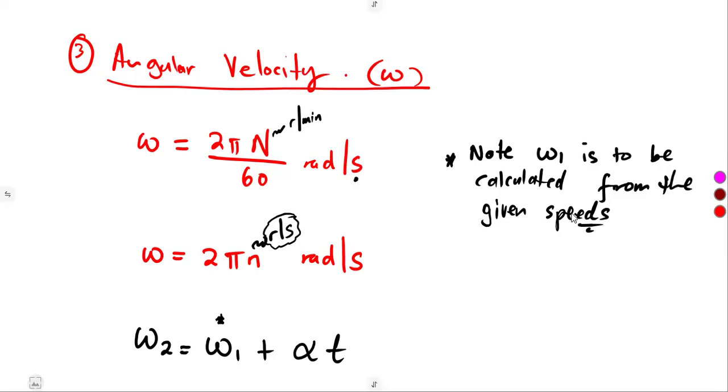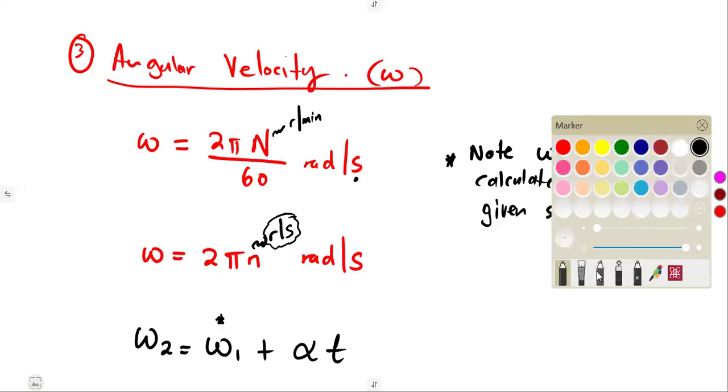Remember, for those speeds, we shall be working with an engine shaft and a machine shaft. The engine shaft has its speed, the machine shaft has its speed. That will help you to calculate omega 1. So take note about omega 1.